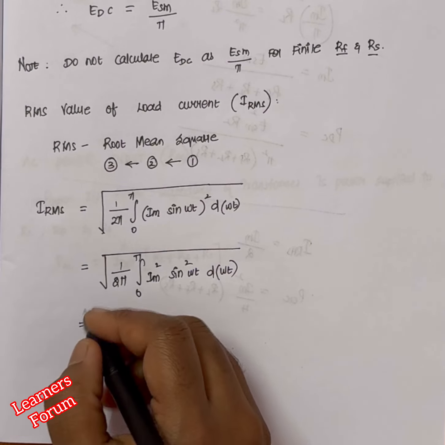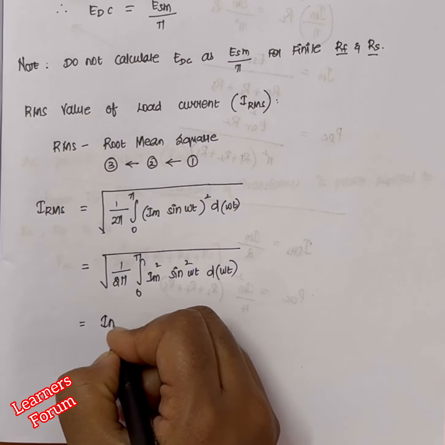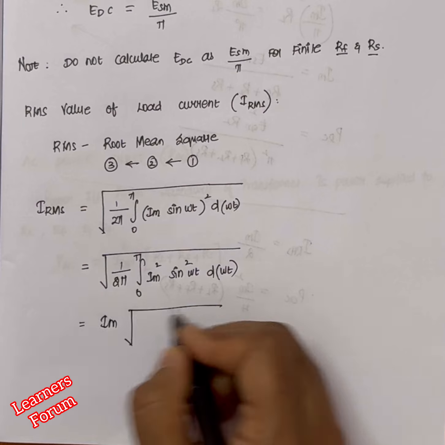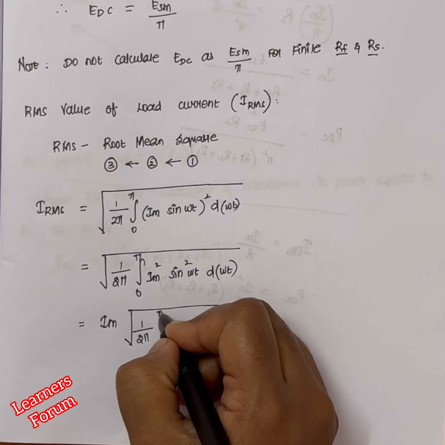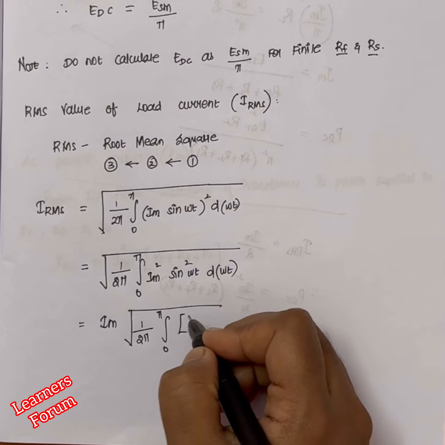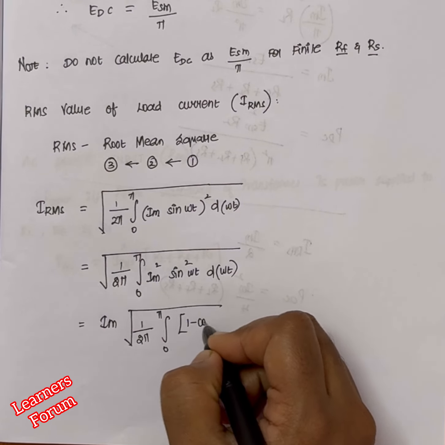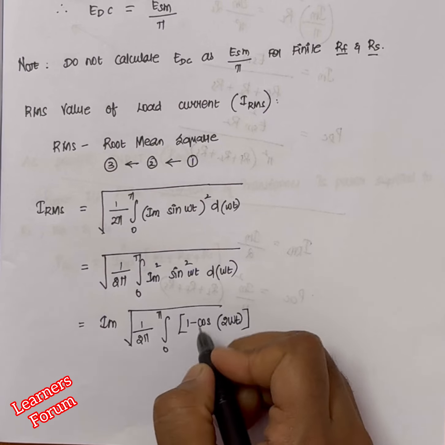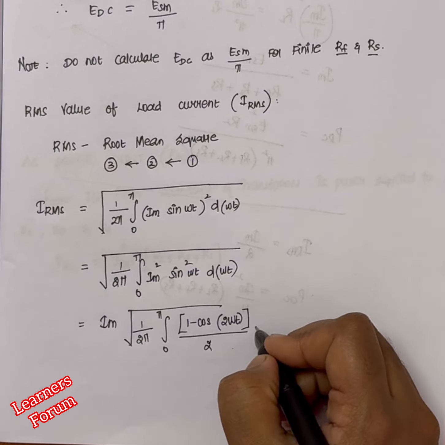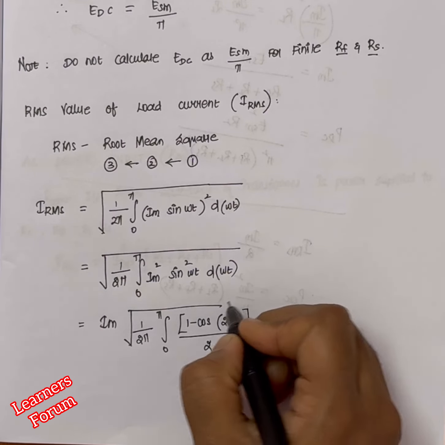After taking the square root, we can simply write it as Im into square root of 1 by 2 pi integral 0 to pi. For sin square, we can write 1 minus cos 2 omega t divided by 2, into d omega t.